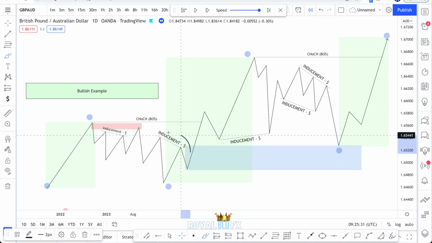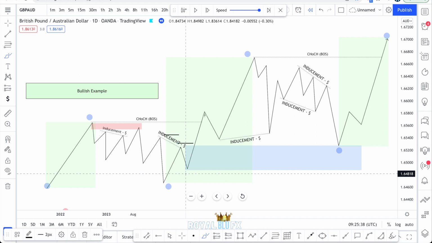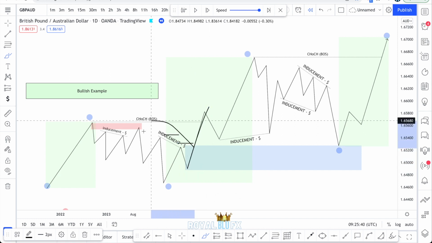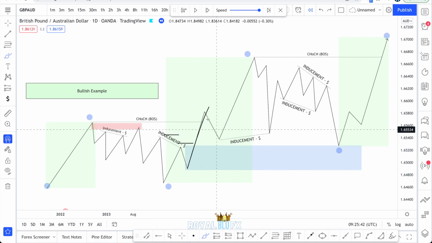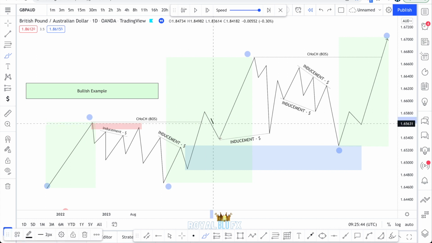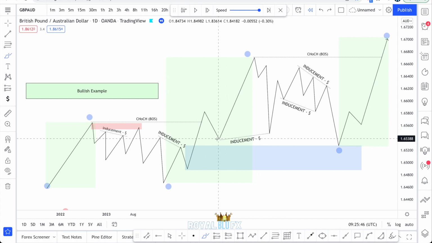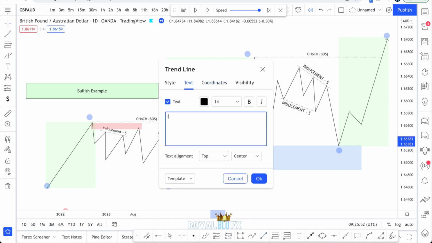And then it created liquidity because people have sold twice here, retail traders obviously. Price took out this inducement, and now it's liquidity, and now prices retrace. Notice what's happening here. We have more inducement in a V-shaped formation, right there. Inducement, okay?